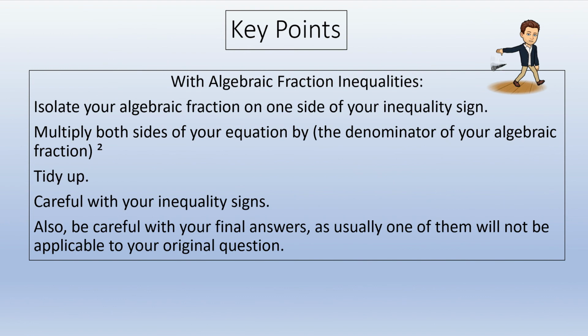For your algebraic fractions, isolate your algebraic fraction on one side of your inequality sign. We didn't really have to do that in the questions that we went through in the last couple of minutes because they were already done for us, but just make sure that you have the x's on one side and any other numbers on the other. Multiply both sides of your equation by the denominator of your algebraic fraction squared. Tidy it up, be careful with your inequality signs, and be careful with your final answers as well, especially in that one.